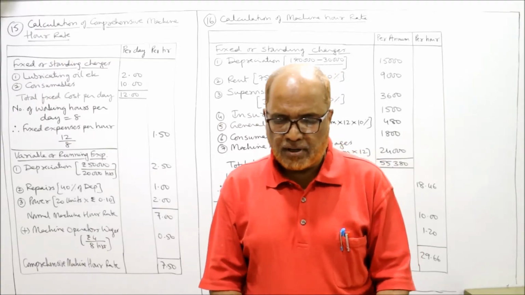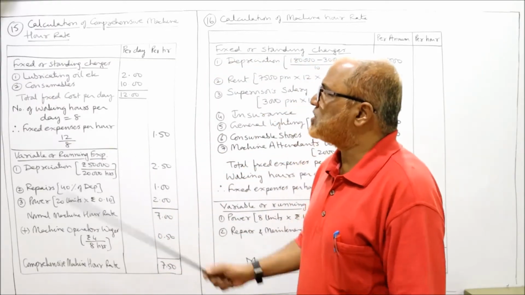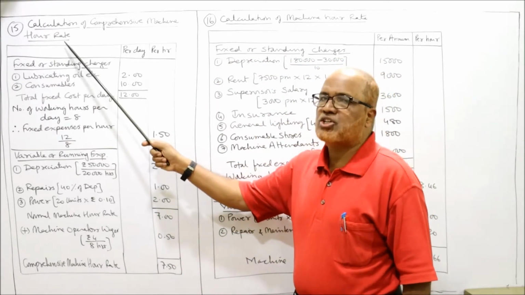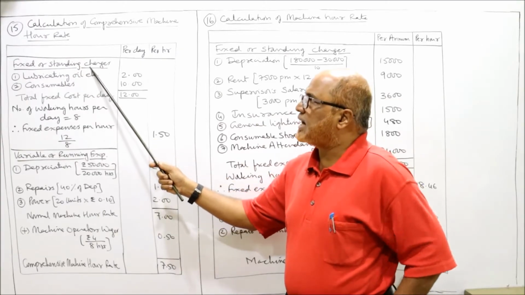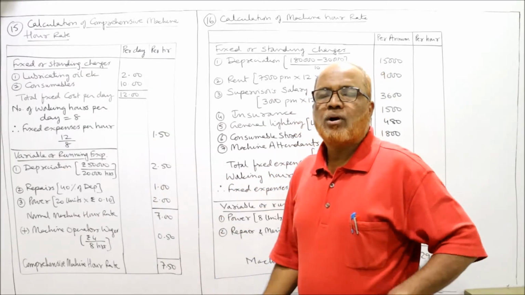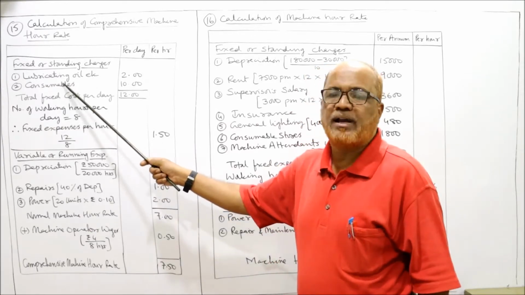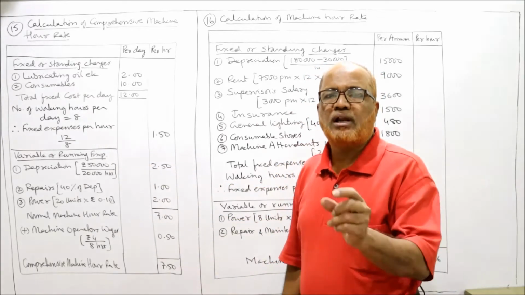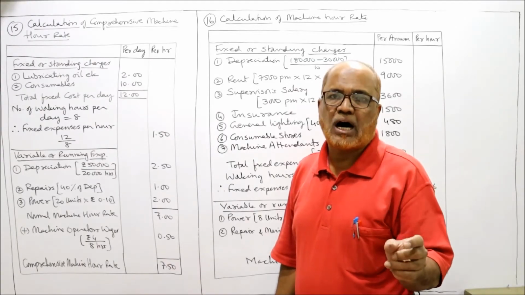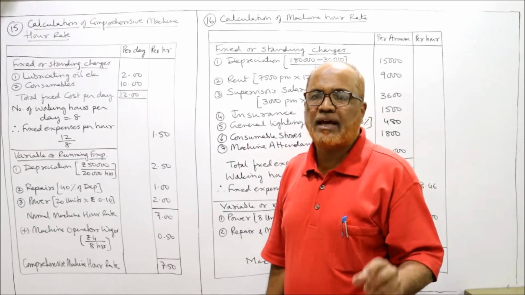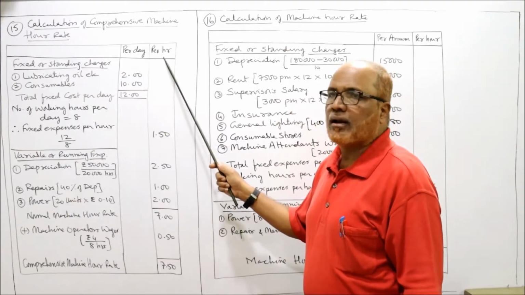This is the information. Now see the solution of the problem. First of all, calculation of comprehensive machine hour rate. Now fixed or standing charges I have taken per day, because only 2 fixed expenses are given, that is consumables and lubricating oil, and that too it is given only for per day of 8 hours. Day consists of 8 hours. So per day, per hour.